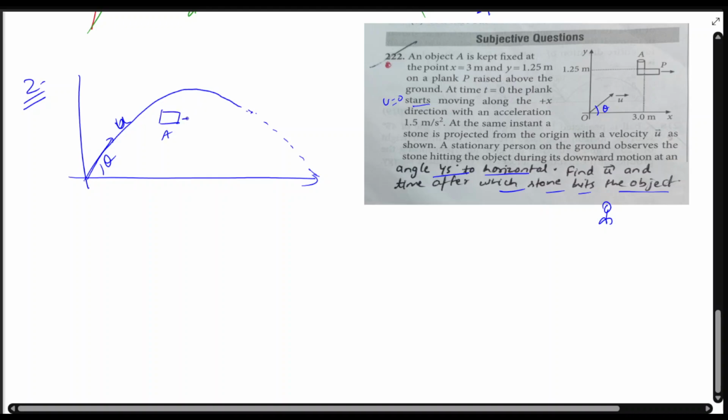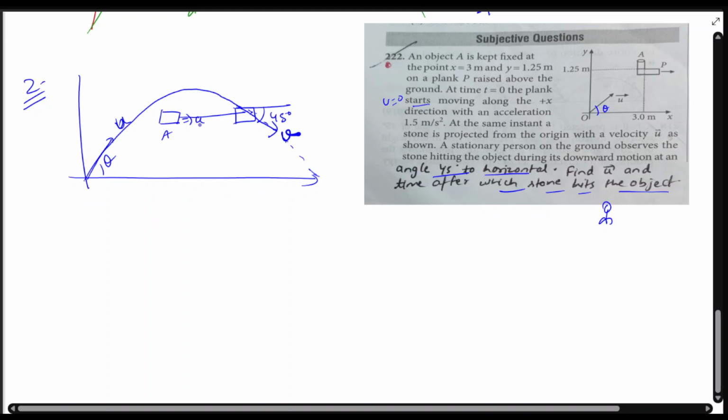So the situation is like this. This particle is projected with u at an angle theta, which we don't know. It will do its projectile motion like this. But this object A is traveling with some acceleration and it will reach here when the particle is moving here with the velocity V, making an angle of 45 degrees.